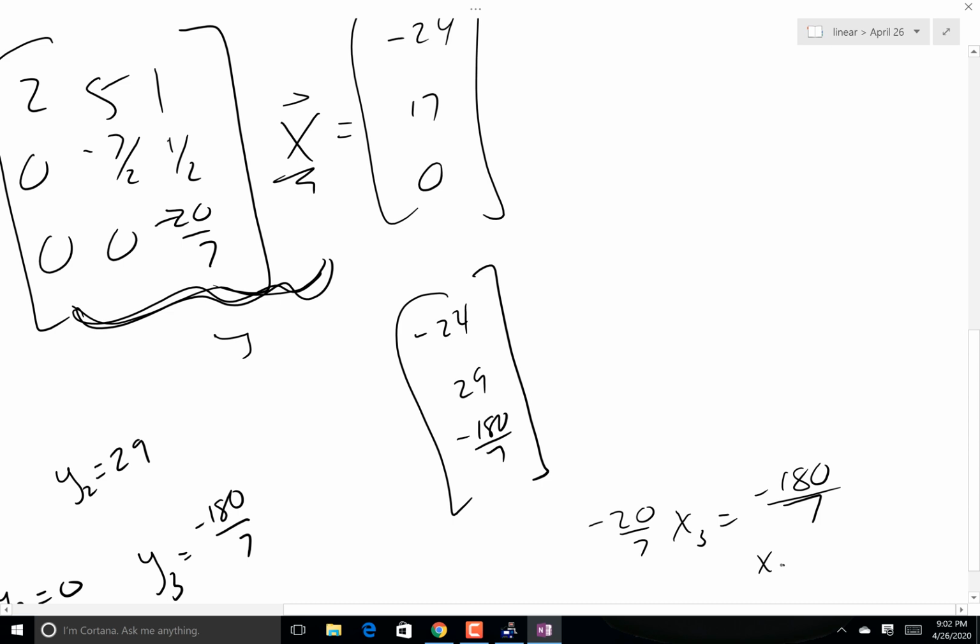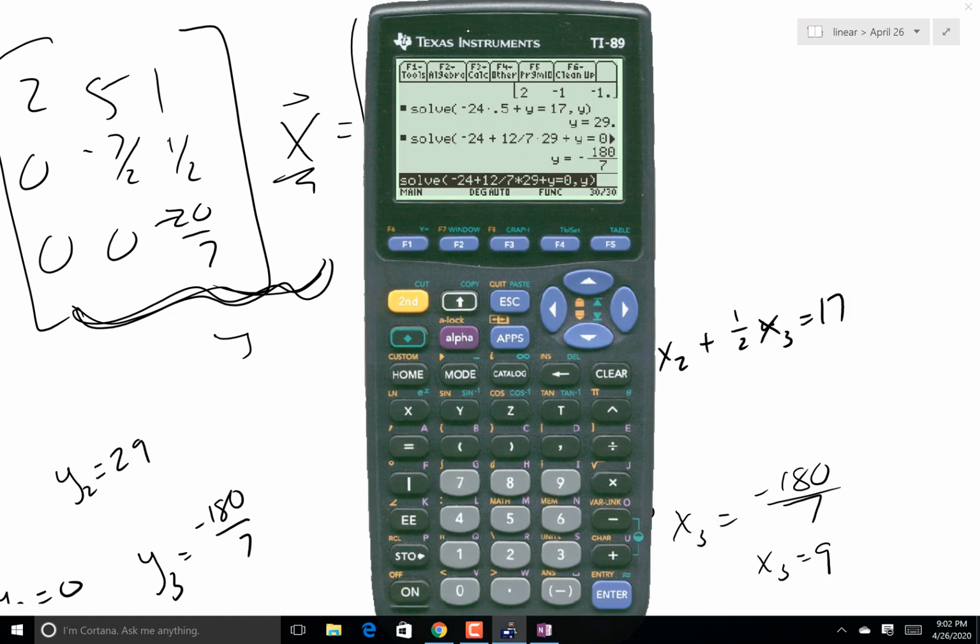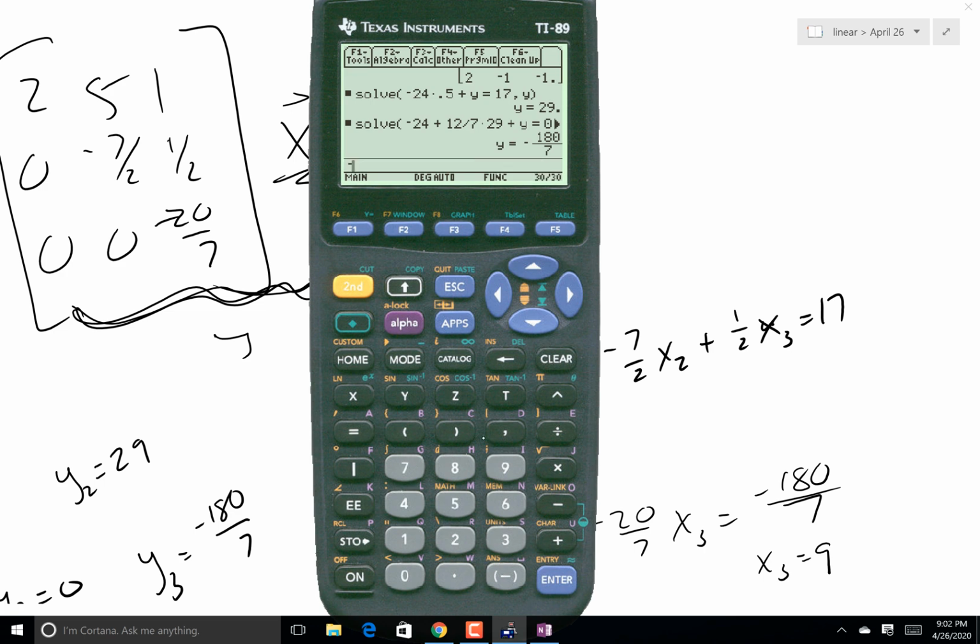So that means that x3 is equal to 9. Cool. Then let's work that backwards. So negative 7/2 x2 plus a half of x3 is equal to 17. So negative 7/2 x plus 9 divided by 2 equals 17, comma x. Helpful if you just put the solve there to start with, dummy.